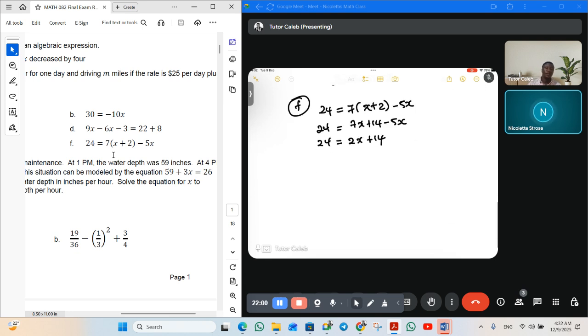And then we subtract 14 on both sides. And so that's 10 equals 2x. And then we divide by 2 on both sides.